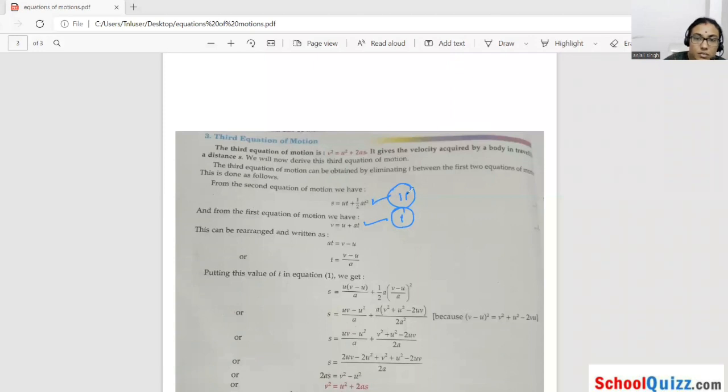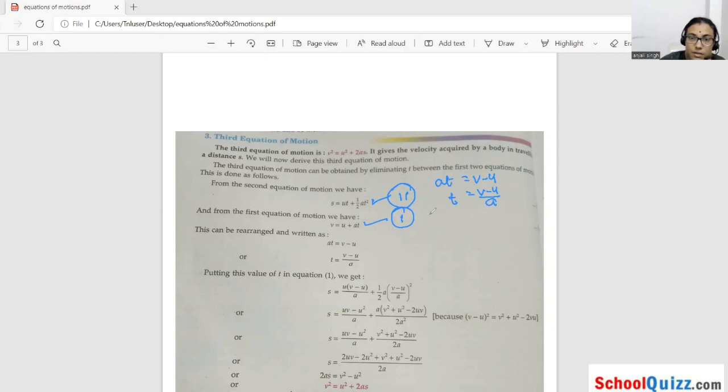This is the second equation of motion. This is the first equation of motion. So from the first equation, I'll write at is equal to v minus u. I separated. Now, t is equal to (v minus u) by a. Here it is in the form of multiplication, so it will go to that side in the form of division. Clear?